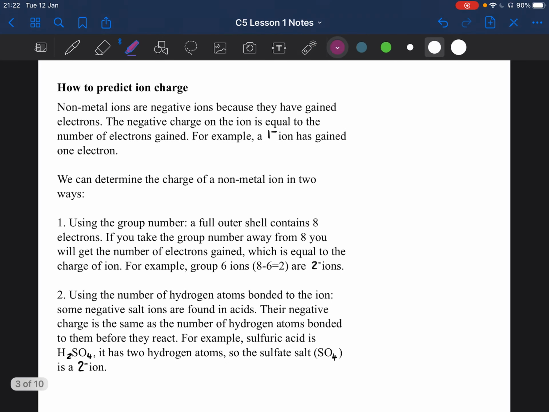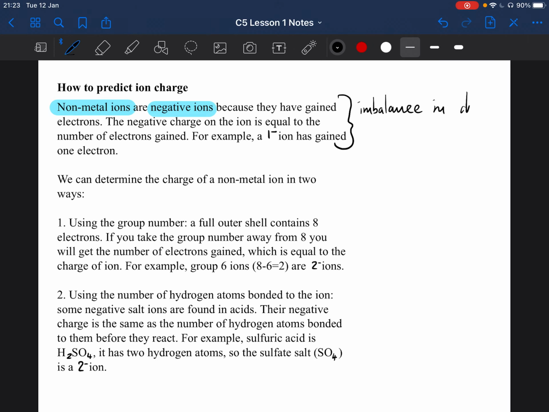Okay, so the second part of this is to look at your non-metals, which are your negative ions. Your negative ions again are caused by an imbalance in charges, except this time we have more electrons, which like I said before are negative, than protons.